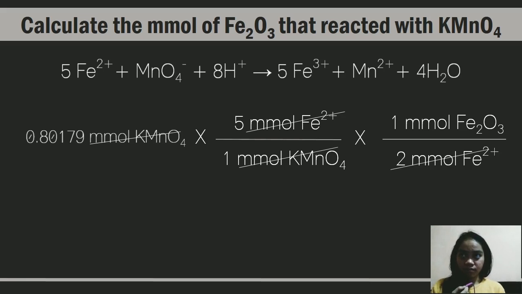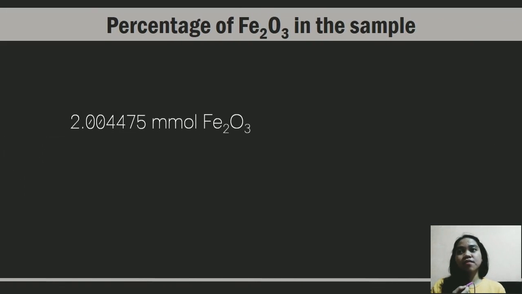Let's move on. We need that value in solving for the percentage of the ferric oxide in the sample. So again, the 2.004475 millimoles of Fe2O3 came from the millimoles that reacted with the potassium permanganate, here in the titration.